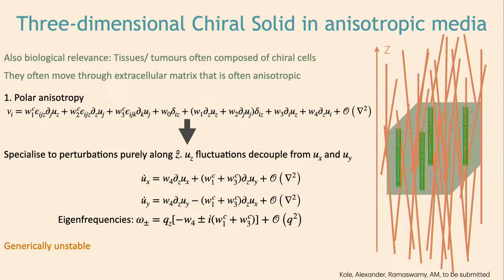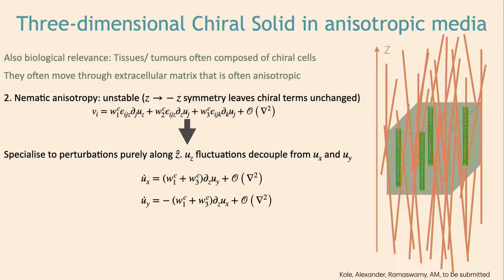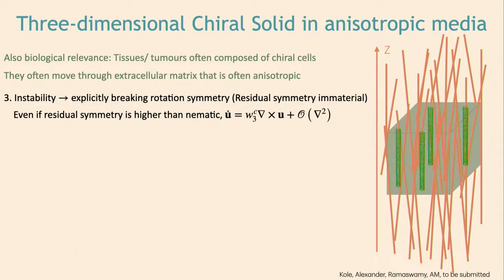It also means that if you have a chiral tissue or a chiral cell layer moving through an external medium, that object, a three-dimensional chiral tissue moving through an external medium, is always unstable. It always has a specific size. It will break up after that. Okay, and you could have a nematic anisotropy and it would still be unstable. Importantly, you could have any anisotropy and it would still be unstable.